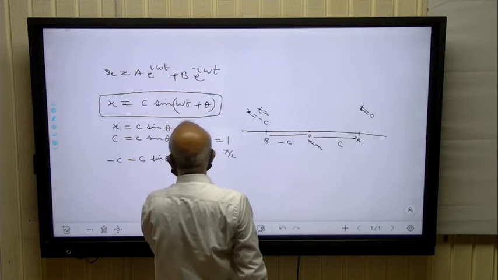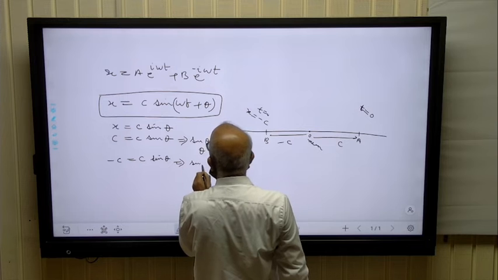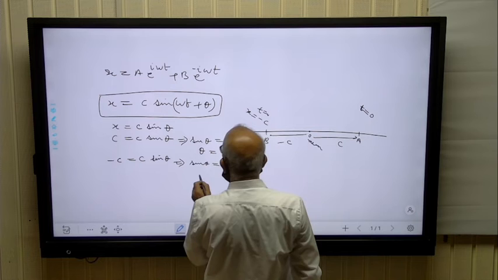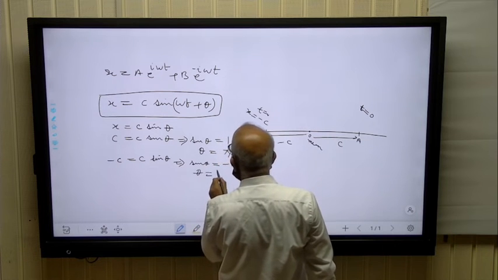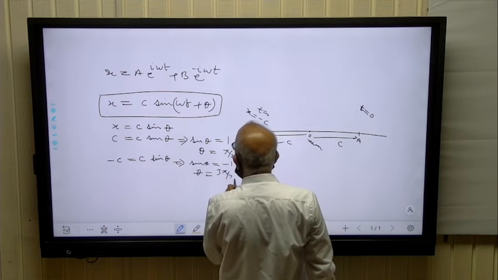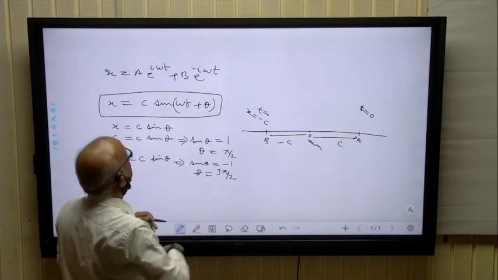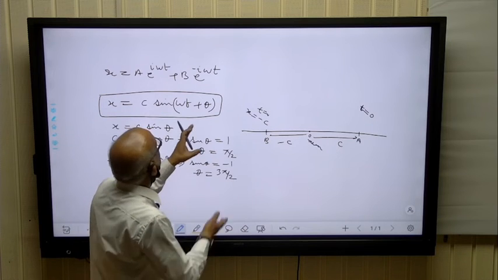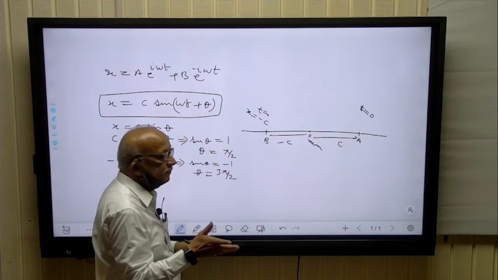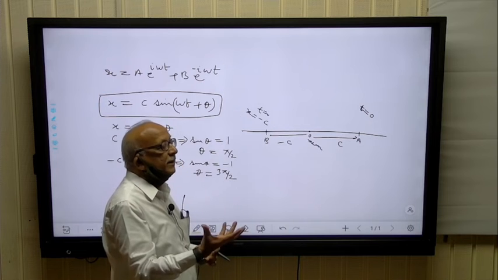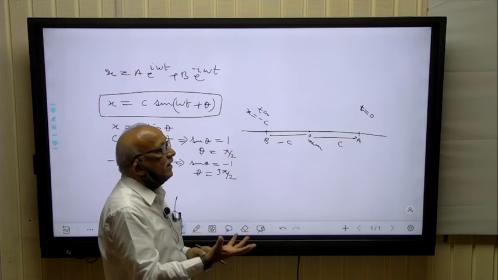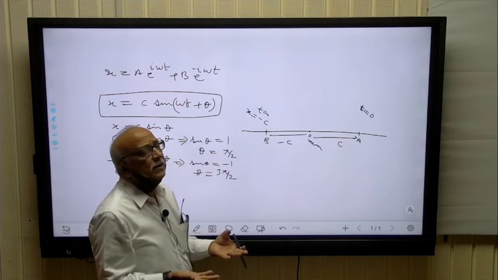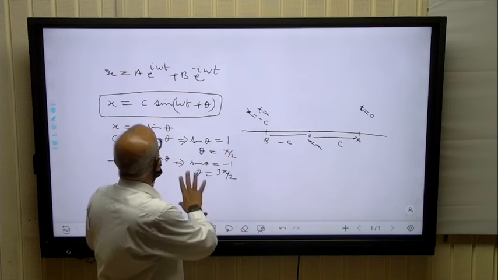This implies sin theta is equal to minus 1. Therefore, theta is equal to 3 pi by 2. So, I think you get the point. What is theta? Theta just says where the particle initially was when I first saw it.